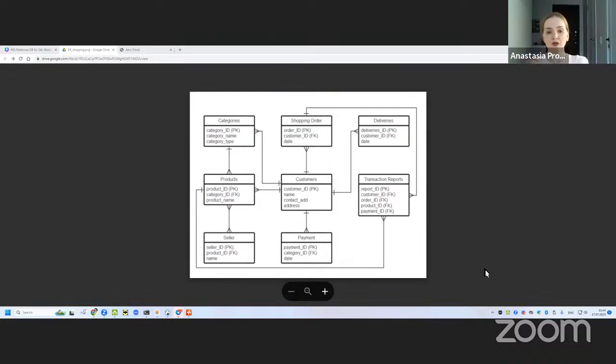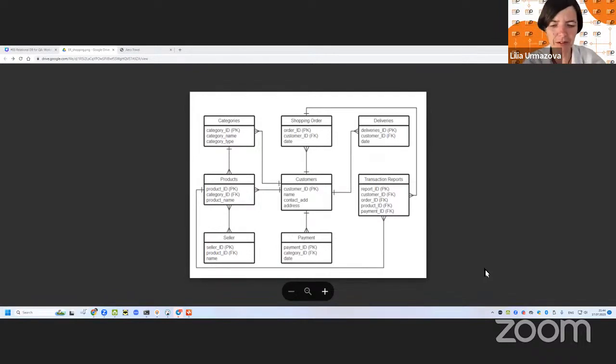Also, should we maybe connect, as we discussed, customers to sellers? For example, if I know the specific seller, I can also connect foreign keys between these two.